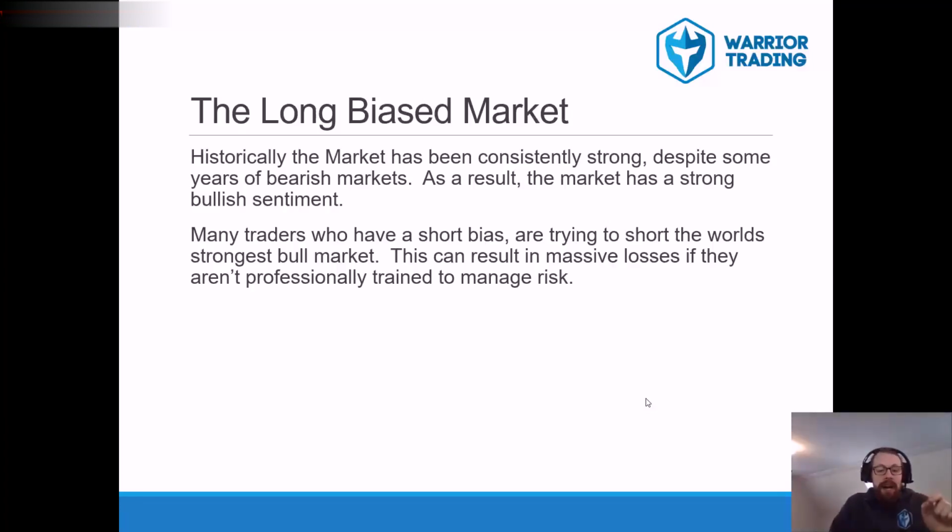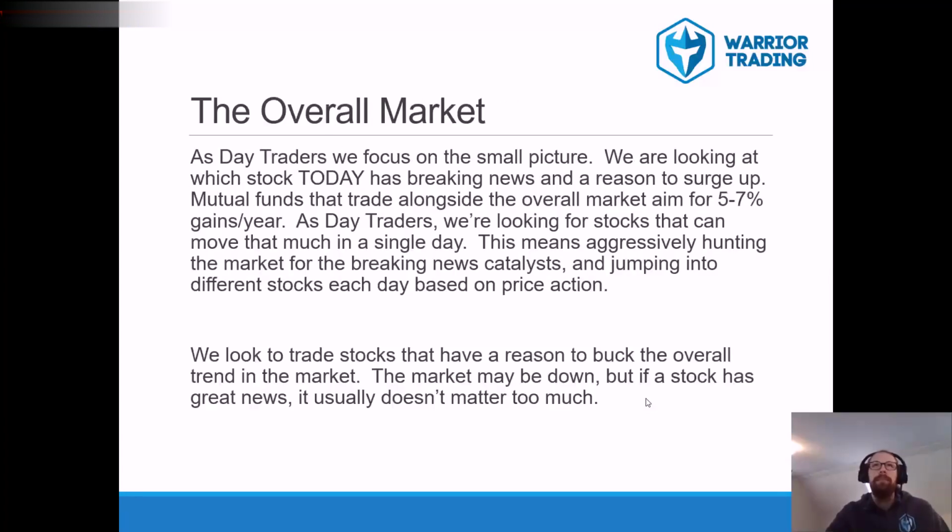I'm not going to try to fight a bull market. Being a short bias trader and trying to short the world's strongest bull market can result in massive, massive losses. I would prefer to trade with the trend, with the direction that seems to be institutionalized even through regulations like the short sale restriction rule. So I trade to the long bias.